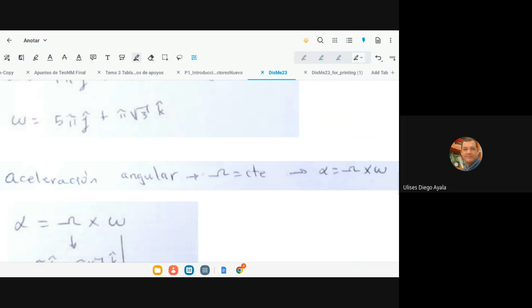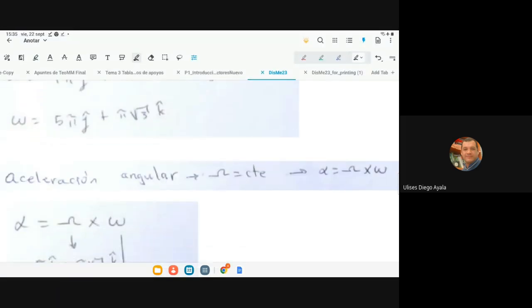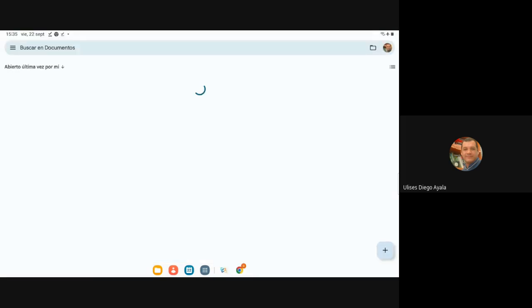The angular acceleration, this is constant. This value is 0. We can go where is this one? Okay, here. It's happening now.